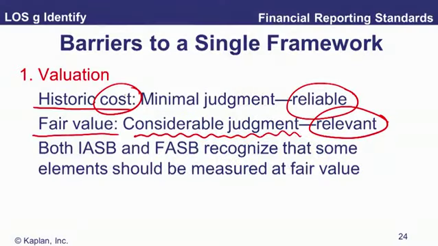Now, notice we're saying both IASB and FASB recognize that some elements should be measured at fair value. Now, remember, with international accounting standards, it's a lot more flexible. Essentially, certain investments, and we'll talk about which ones later on, are going to be at fair value, but also, of course, PP&E and our intangibles. US GAAP, it's really only certain investments.